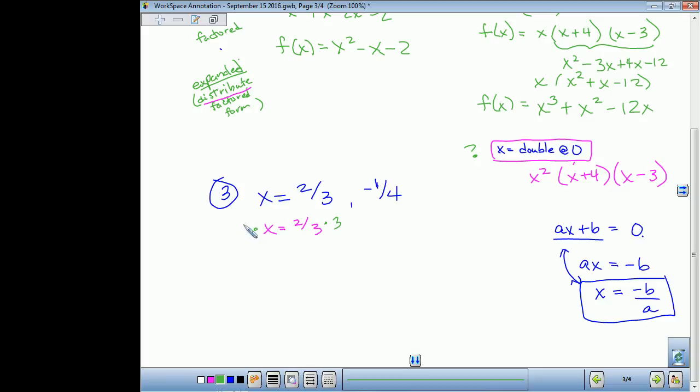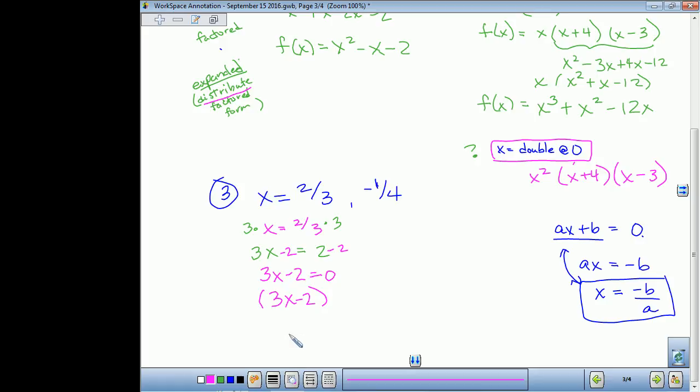Let's make this thing equal 0. Now, isn't this where we started to get x equals 2/3? So if we have 2/3, then our factor was 3x minus 2.